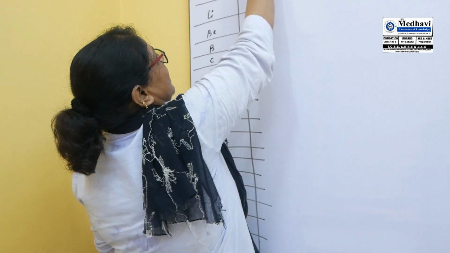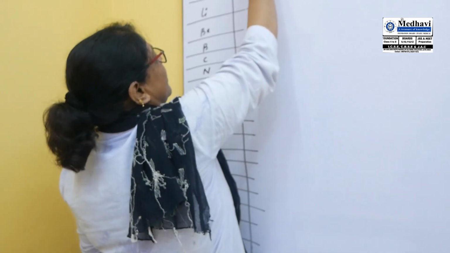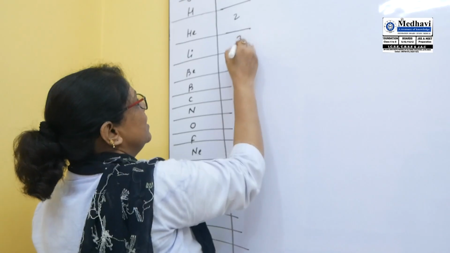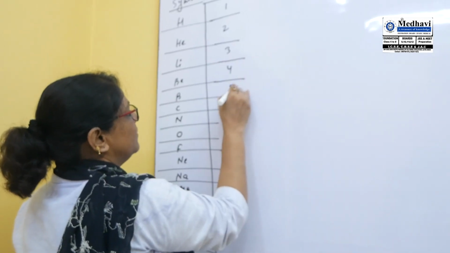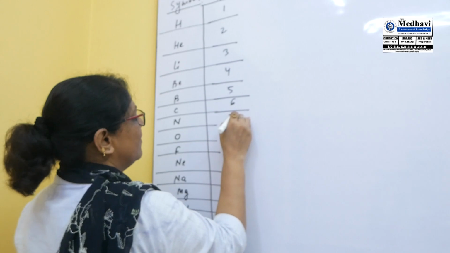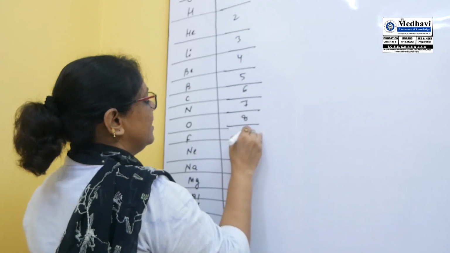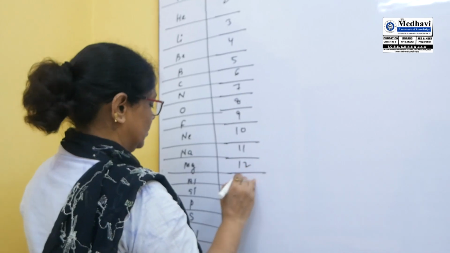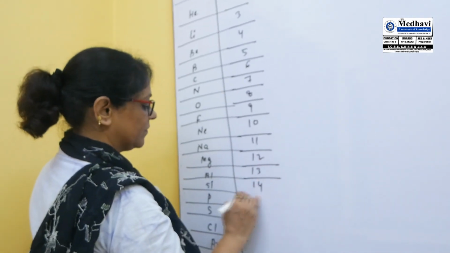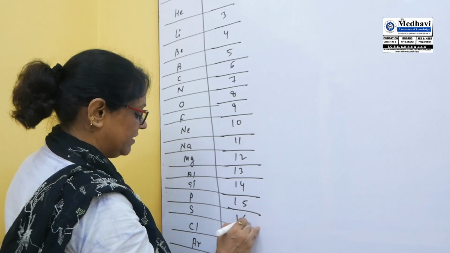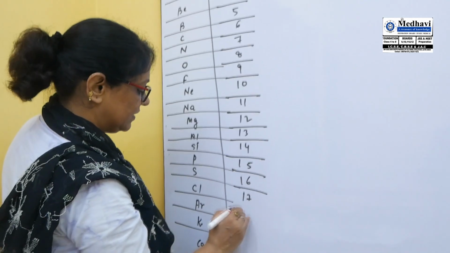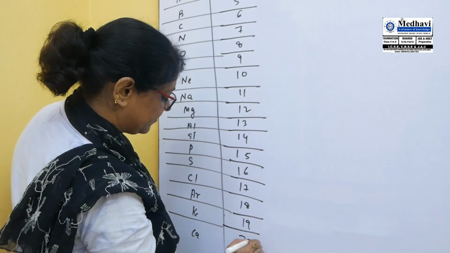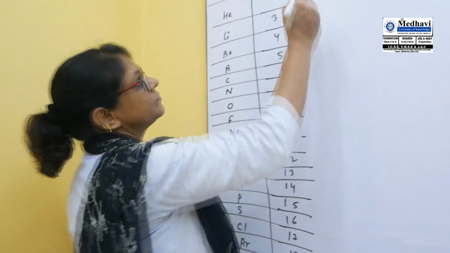The second part is the atomic number: hydrogen 1, helium 2, lithium 3, then 4, then 5, in ascending order, 6, 7, 8, 9, 10, 11, 12, 13, 14, 15, 16, 17, then 18, 19, and the last is 20. So these are the atomic numbers.